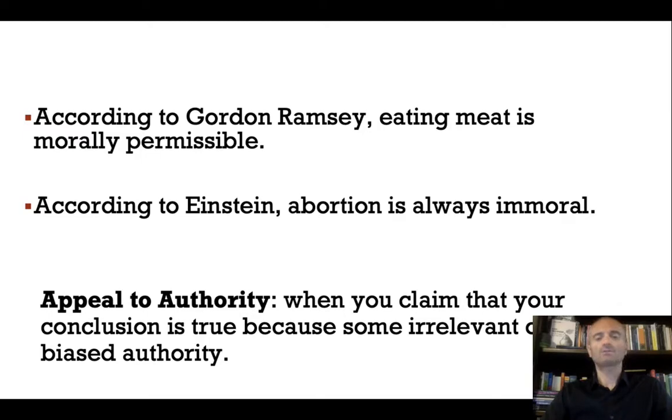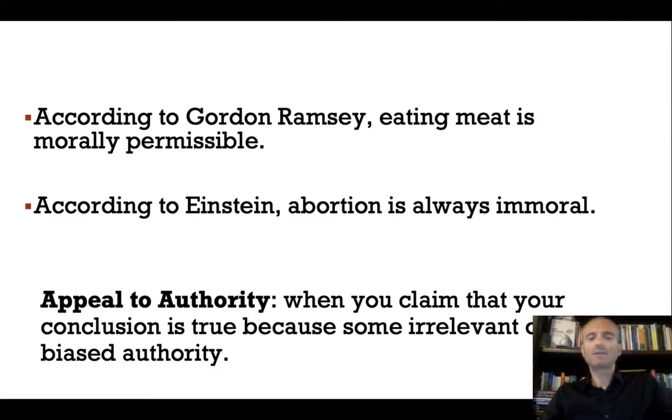Similarly, the second argument is also fallacious because it relies on the authority of Einstein. Oh, but it's Einstein, right? Possibly the most brilliant human being that ever lived. All the same, Einstein was not an expert in morality, and so we don't take his word for it.